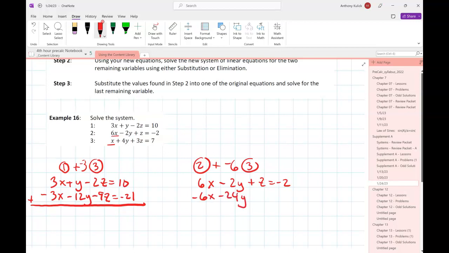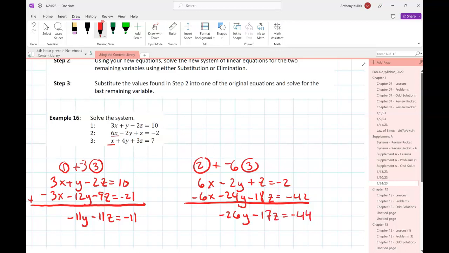Or maybe even sometimes just goofing up the multiplication table stuff. So I add down, what do I get? I get -11y minus 11z equals -11. I get -26y minus 17z is equal to -44.